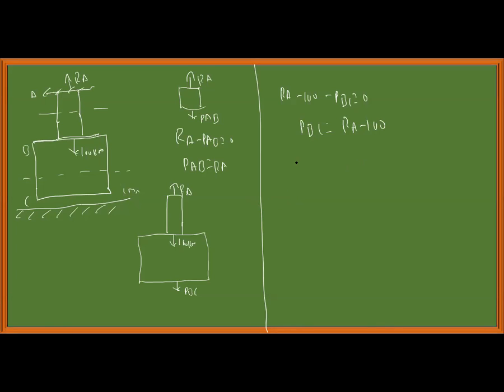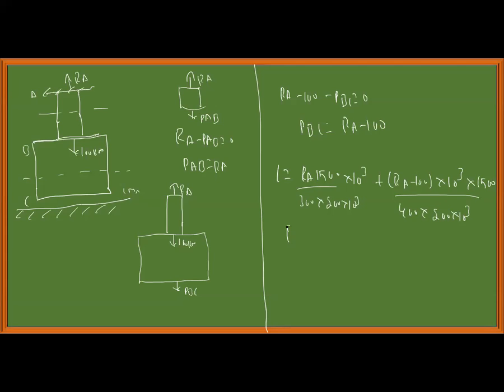PBC is equal to RA minus 100. Now if I take deformation, total is equal to P of AB, RA into 1500 by area 300 into 200 into 10 power 3, plus RA minus 100 into 10 power 3 into 1500 by length 400 into 200 into 10 power 3.